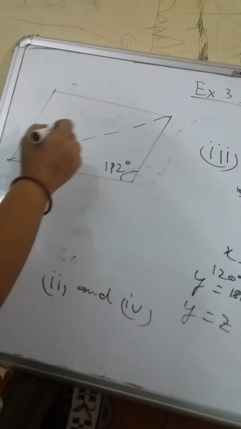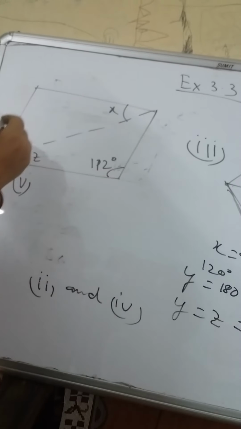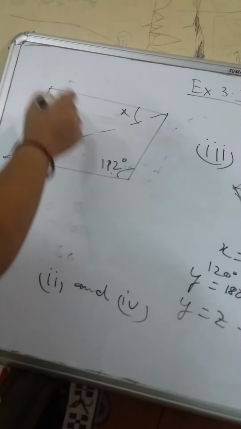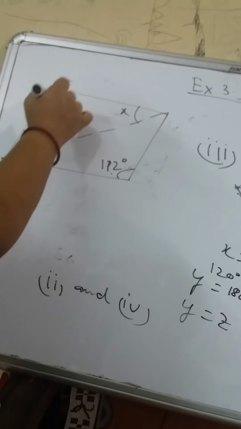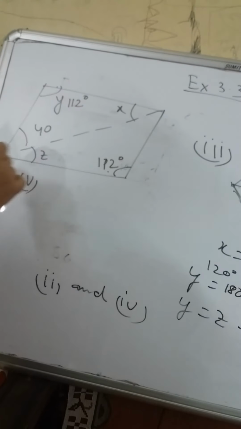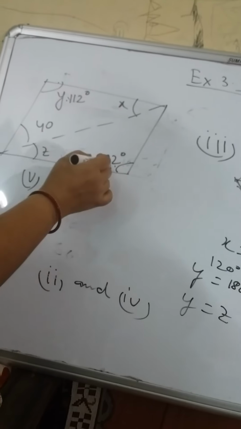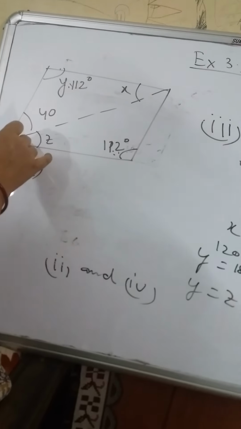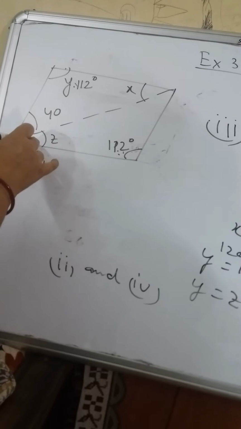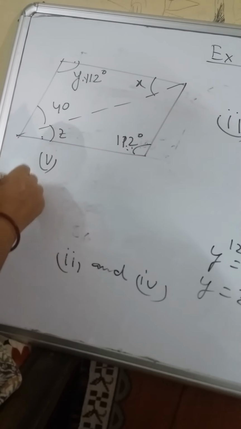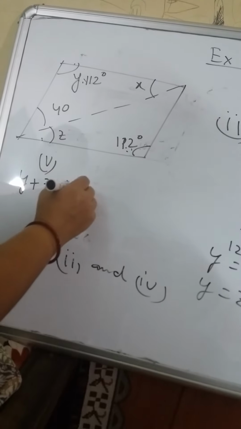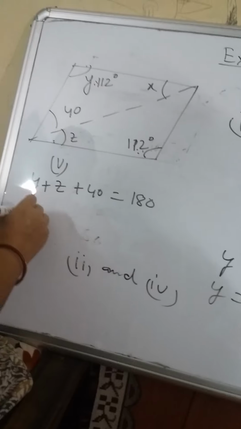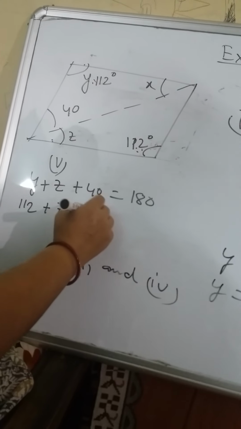This is z, this is x, this is 40 degrees. This is y. So y will be equal to 112 degrees because they are opposite angles. Now, y plus z plus 40 should be 180, and y you have got as 112, so 112 plus z plus 40 equals 180 degrees.